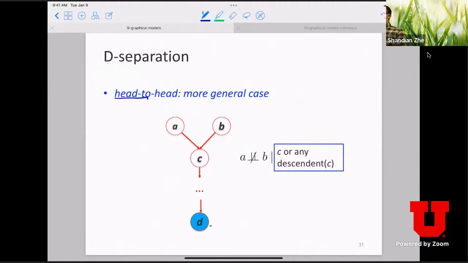I'm not going to go through how we prove it. As long as you can show that conditioned on C, A and B are not independent, it is easy to show that conditioned on any observed descendant of C, A and B are not independent as well. We see that because they are all coupled. A and B are always coupled by this chain of conditional probabilities.